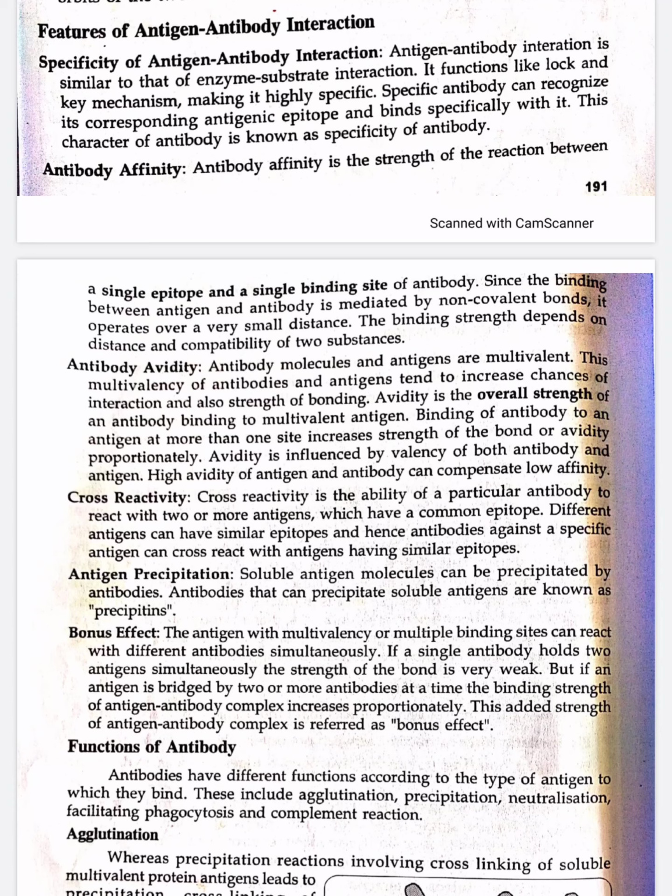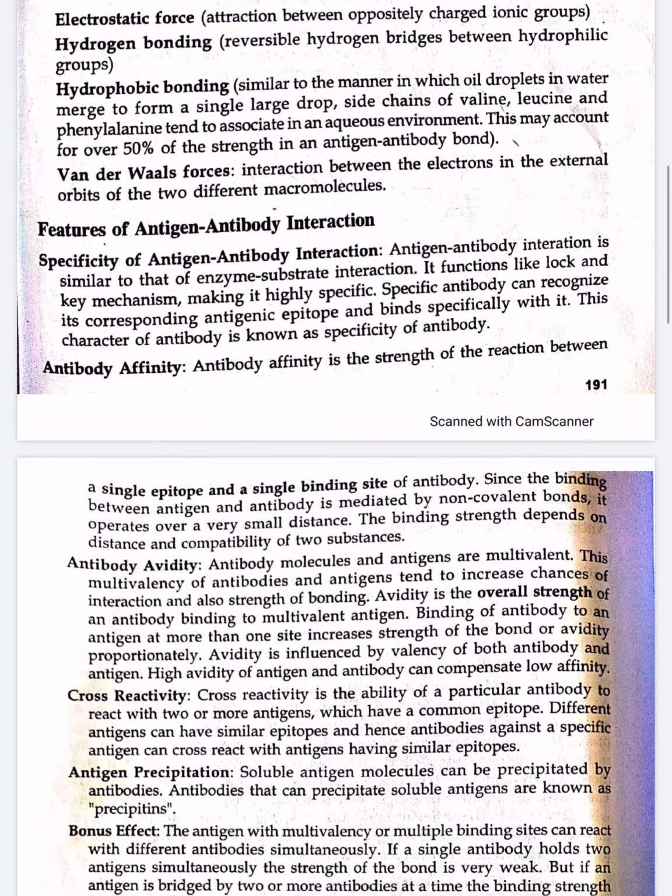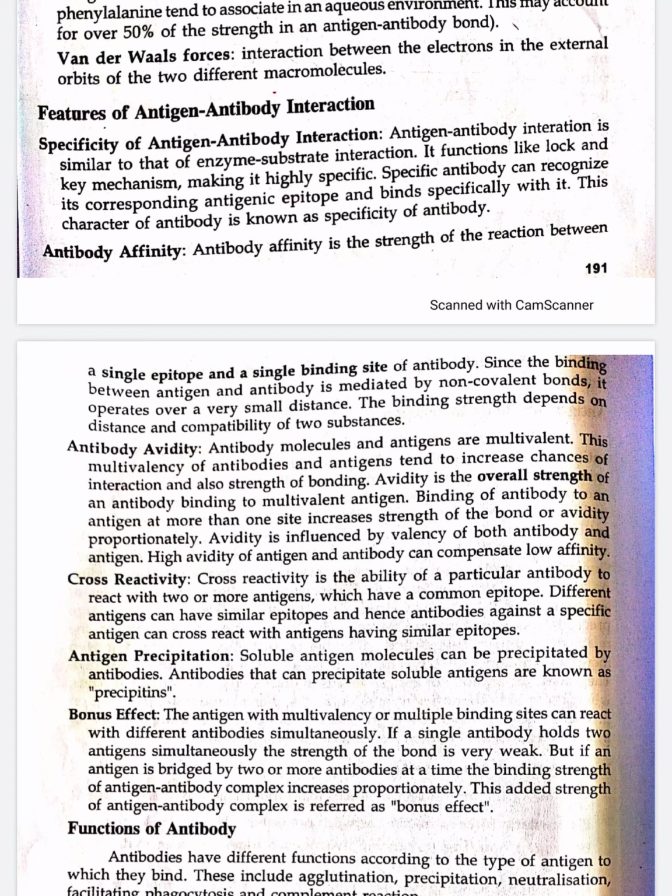The next one is antibody affinity. The second feature is antibody affinity, which is the strength of the reaction between a single epitope and a single paratope. Since the binding between antigen and antibody is by non-covalent bonds, as we have seen, like electrostatic force, hydrogen bonds, hydrophobic bonds, this bonding will only happen if the molecules are very closely packed.